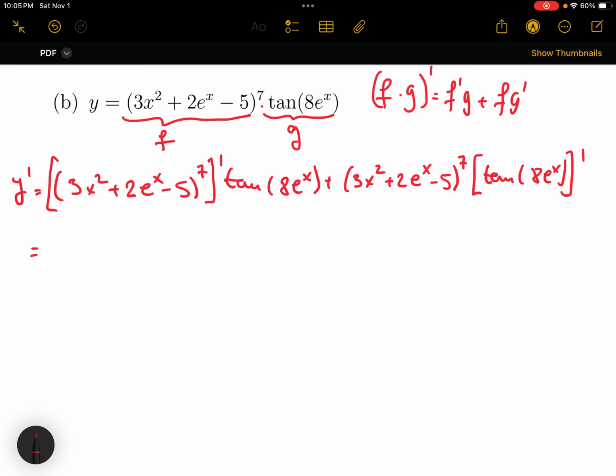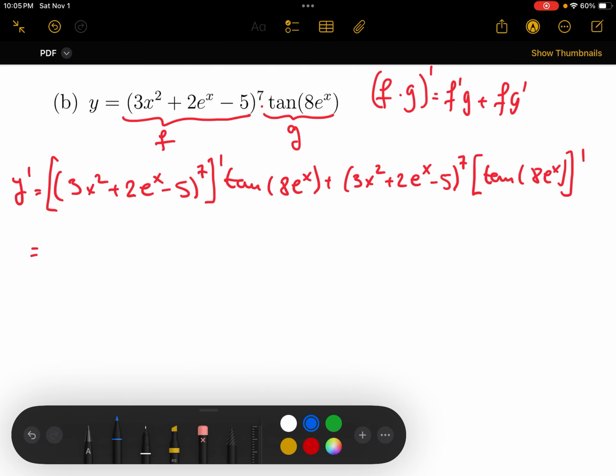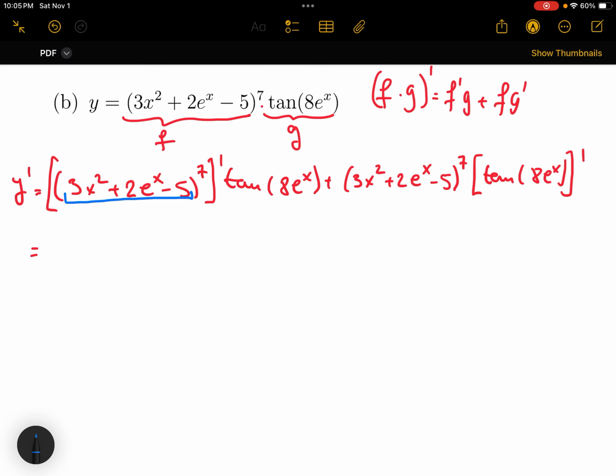So this function right here is this expression to the power of 7.